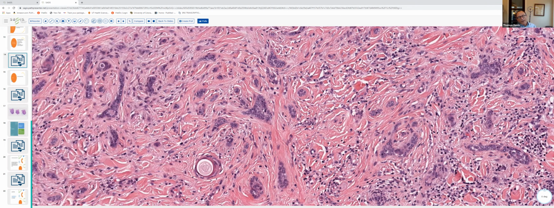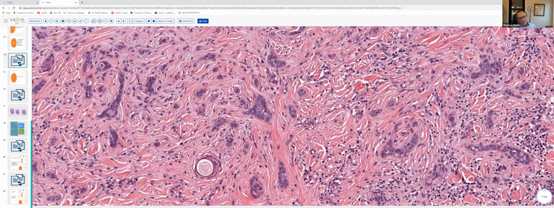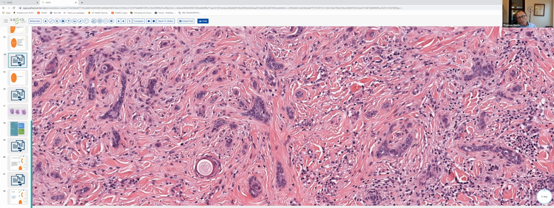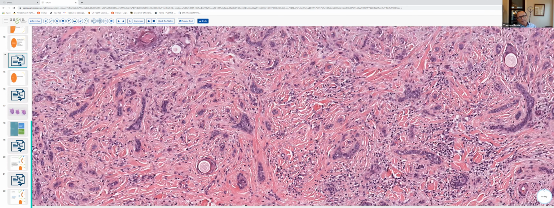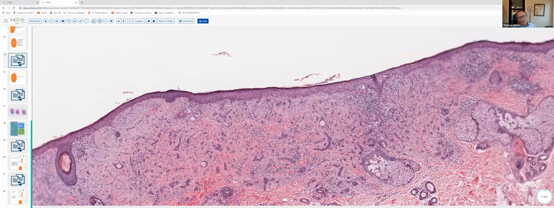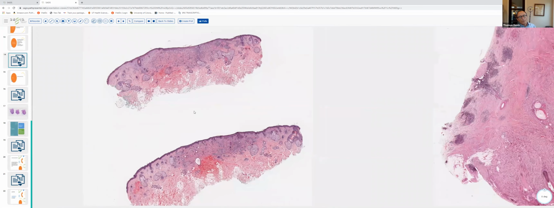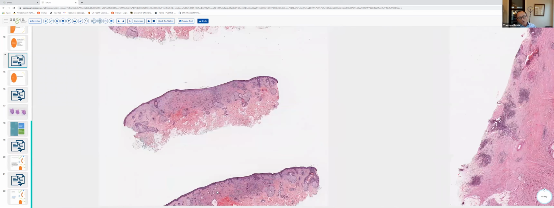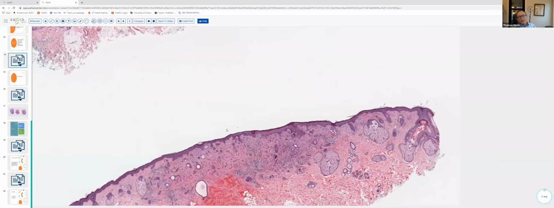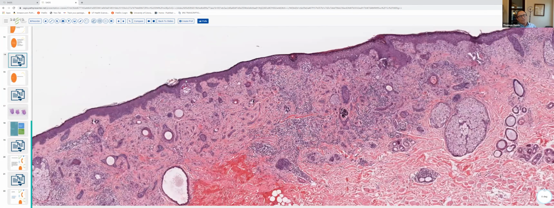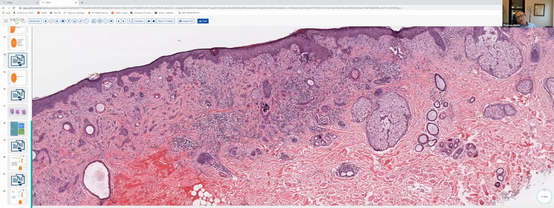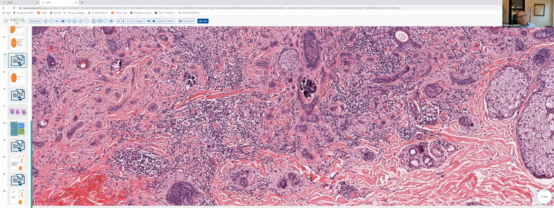And there are a few horn cysts, or cystic structures containing keratin, within this tumor. And in one of the pieces of tissue, some of these horn cysts had ruptured, and you can see foci of calcification within this tumor as well.